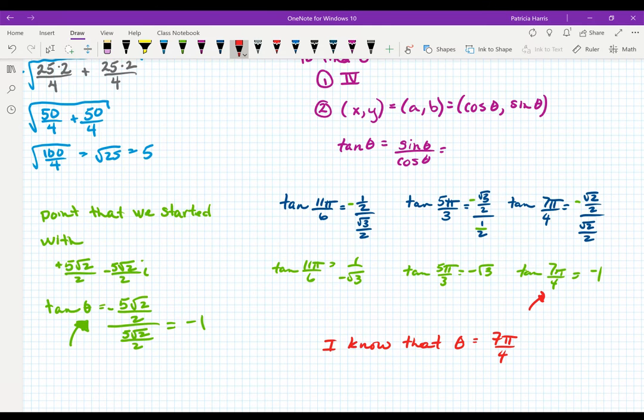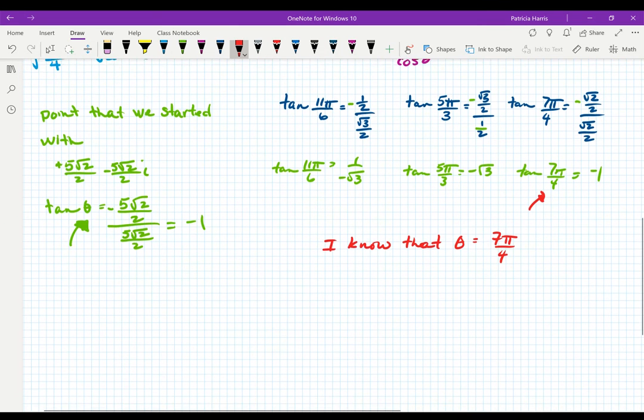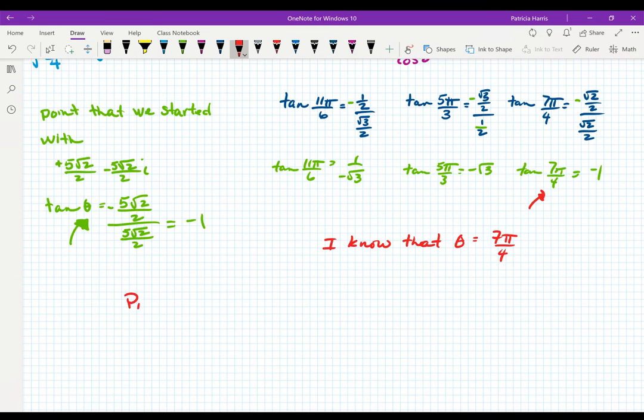Now I'm ready to build my number. So here we go. The polar form of my complex number is 5 quantity cosine 7 pi over 4 plus i sine 7 pi over 4.